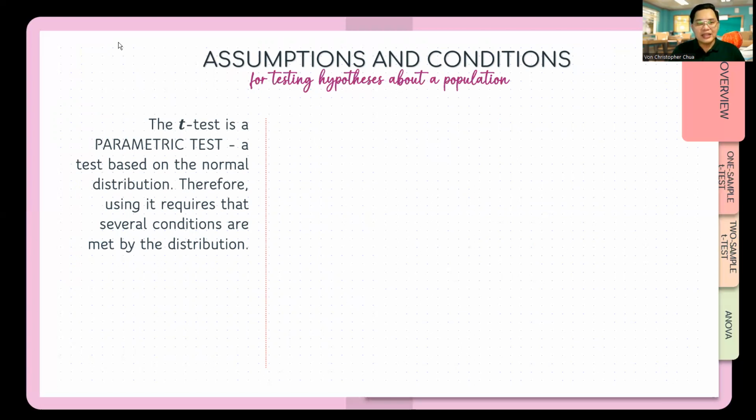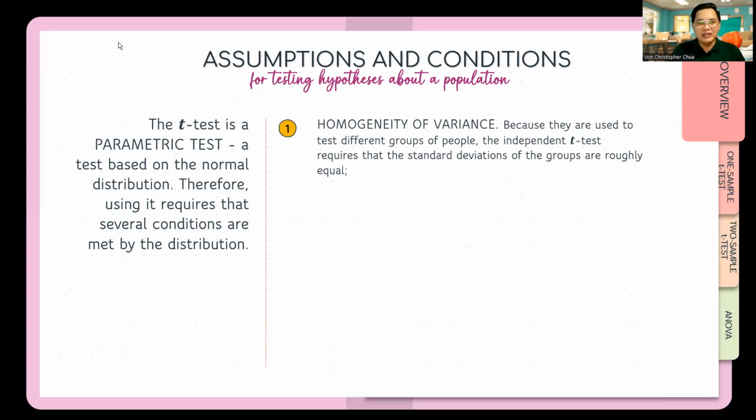The t-test is a parametric test. It is a test based on the normal distribution. Therefore, using it requires that several conditions are met by the distribution. So these are the 5 different conditions that we will be checking in order to determine if the t-test is an appropriate test.